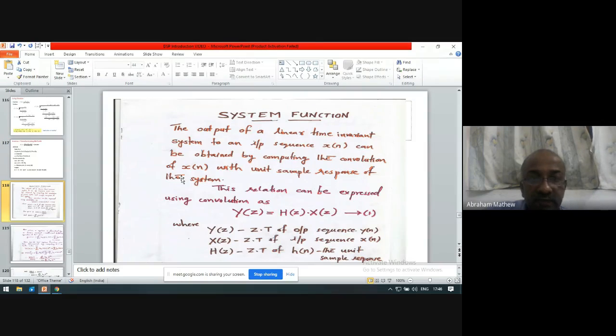And in this unit, there is another term that is known as system function. What is system function?